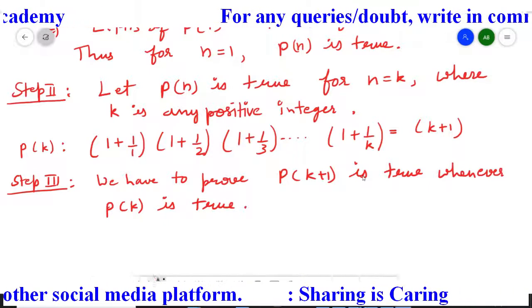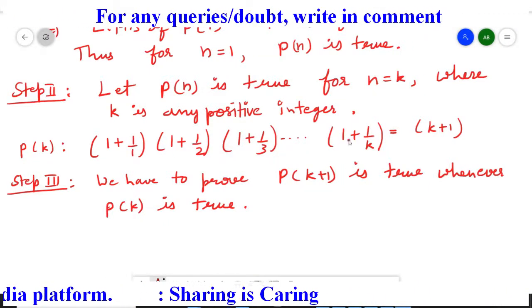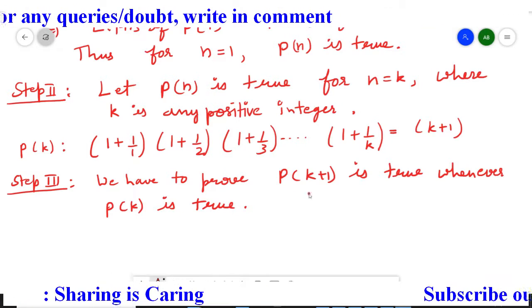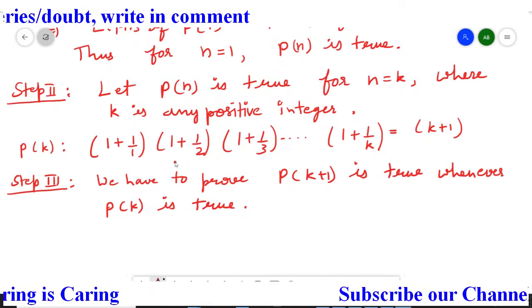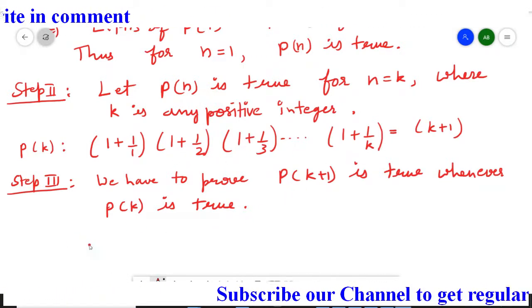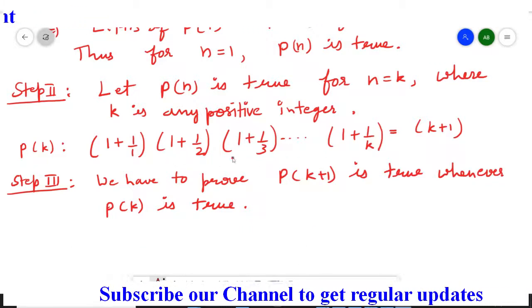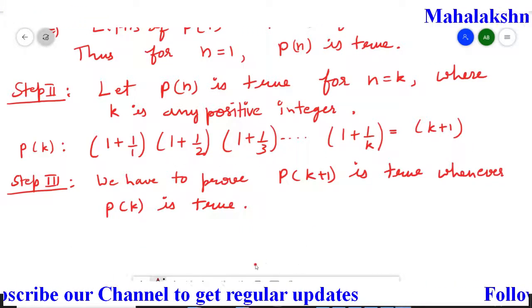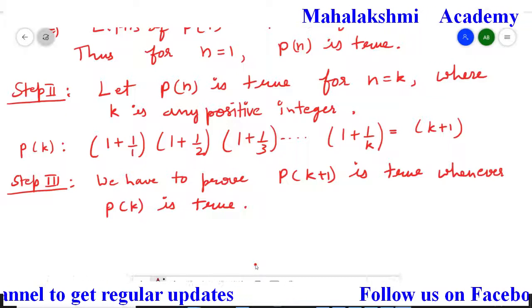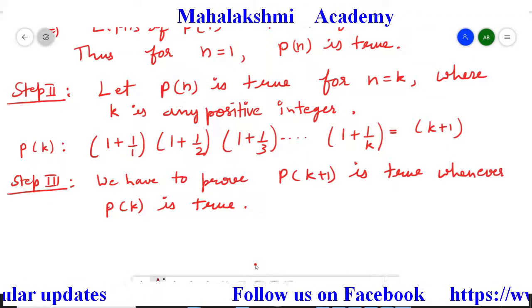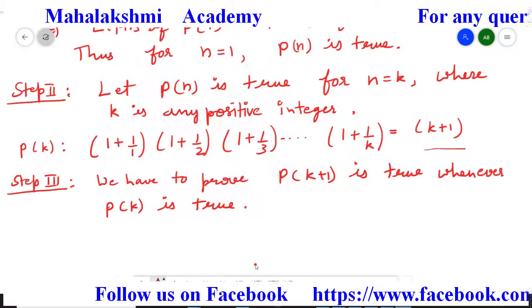So with the help of the Pk statement, we have to show that Pk plus 1 is true. So we are going to write down this equation here as it is. First I am going to assume this equation as the first equation because we are going to use that. So it's going to be equation 1.